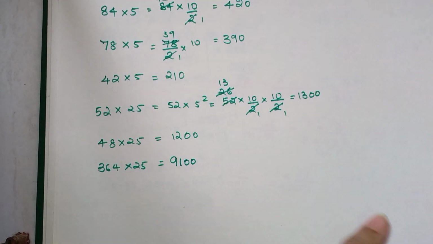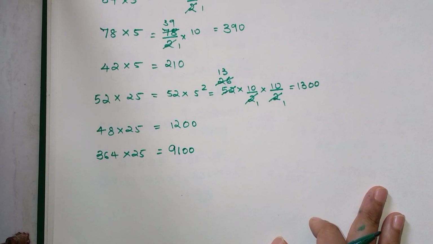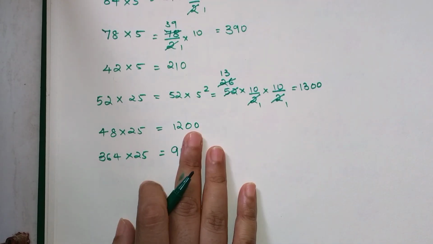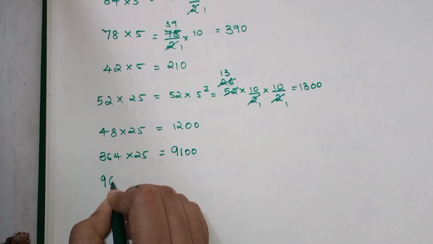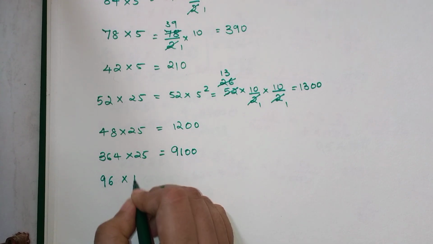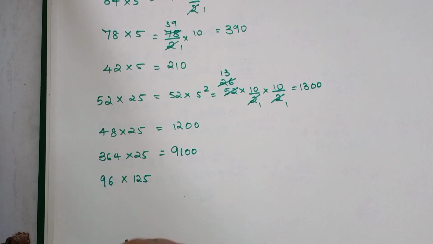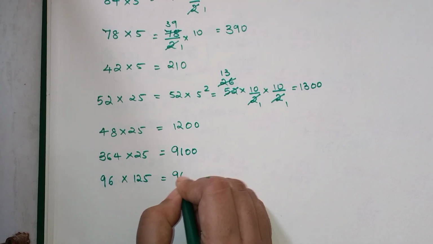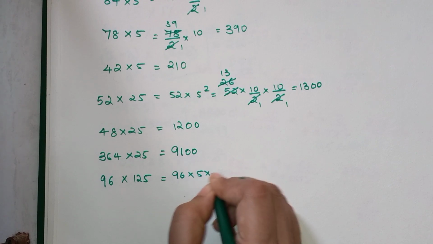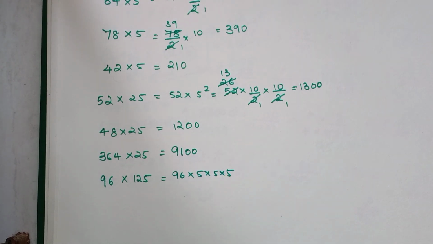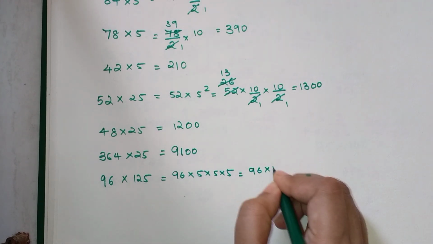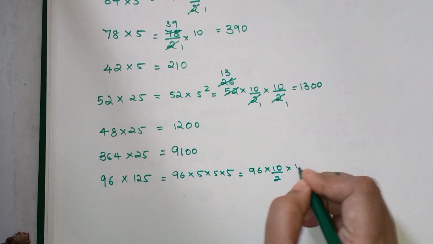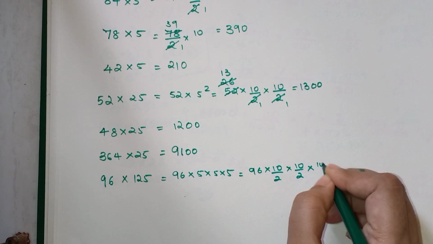Now I'm going to show you one more number which can be used for this kind of multiplication. Let's do 96 into 125. Now we know that 125 can be written as 5 into 5 into 5, or 5 cube, and 5 can be written as 10 by 2.